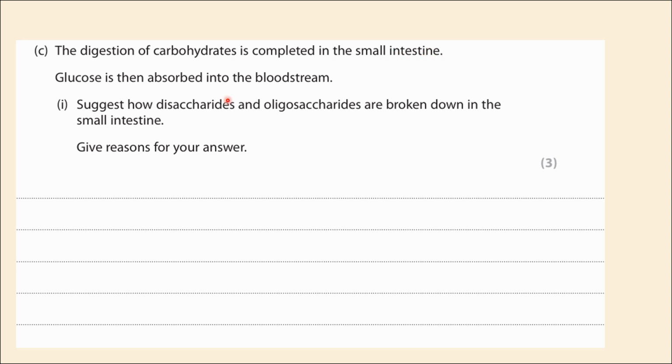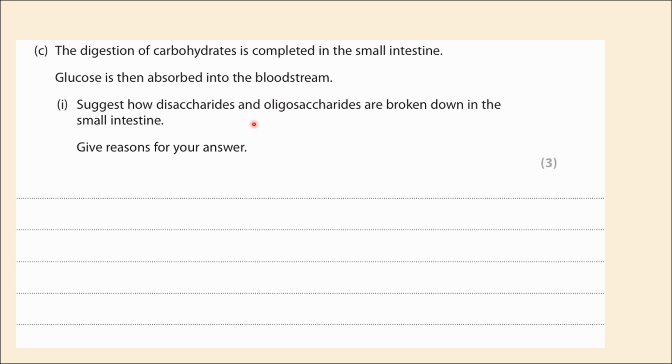The question asks how disaccharides and oligosaccharides are broken down in the small intestine, and you can relate this to the previous question. We discussed how amylase can only break down 1,4-glycosidic bonds, resulting in the formation of oligosaccharides and disaccharides.